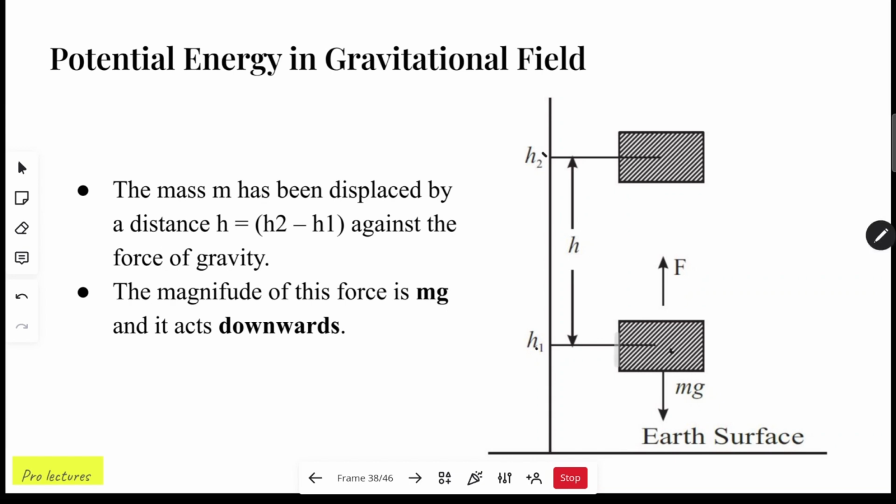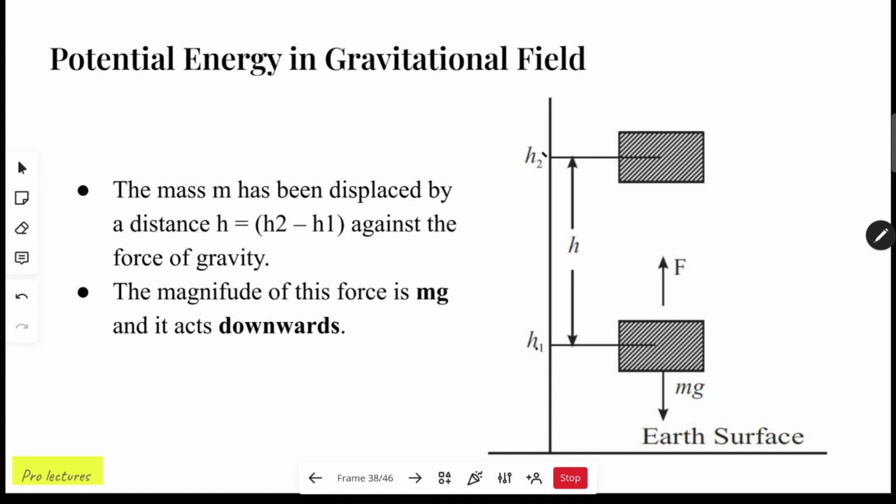So consider a mass m at a height h from the Earth's surface. The person is lifting this mass from the height h1 to the height h2. The force with which the object is to be lifted is against the gravitational field.